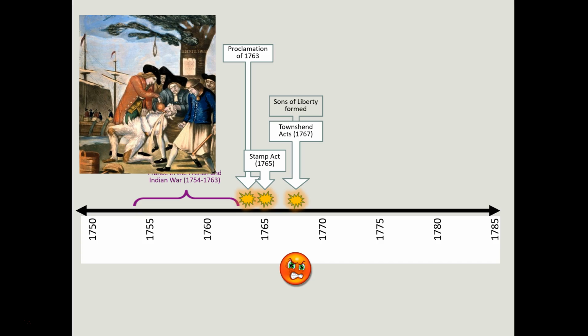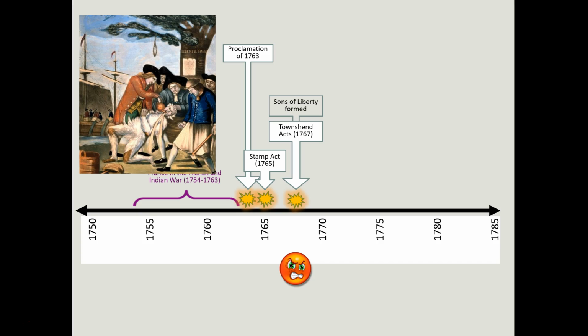Then you get also the Townsend Acts, which are a series of acts that were imposed between 1767 and 1768 that taxed anything that was considered a luxury good. So china, like plates and teacups and things like that, glass, lead, paint, paper.